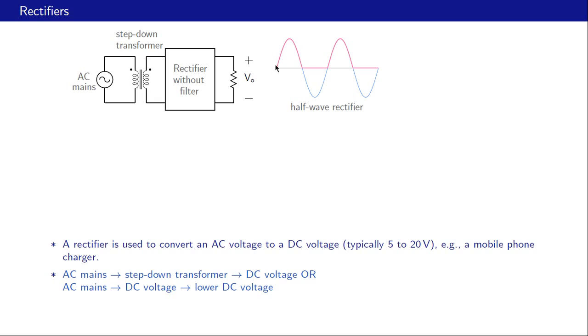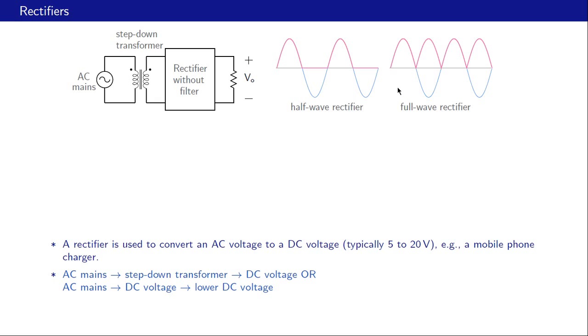So when VI is positive in this first half cycle, VO is equal to VI, and when VI is negative, VO is equal to 0. And it should be clear why this circuit is called a half wave rectifier. In half of the period, the first half here, VO is non-zero, and in the second half, VO is 0. So that is why half wave rectifier.